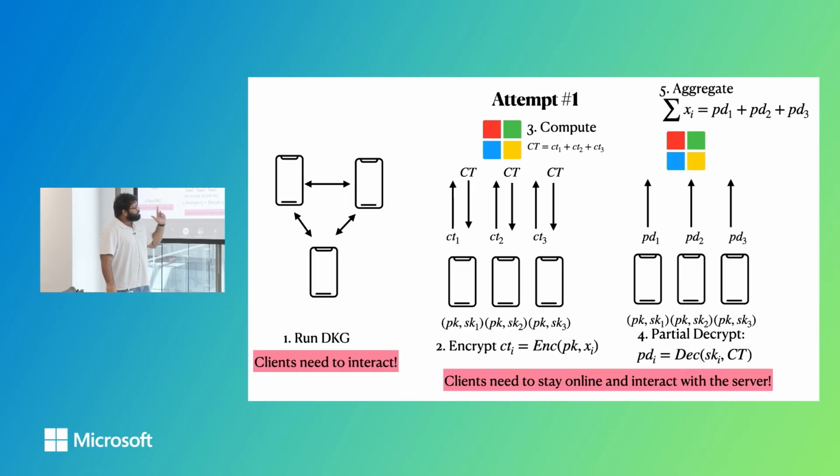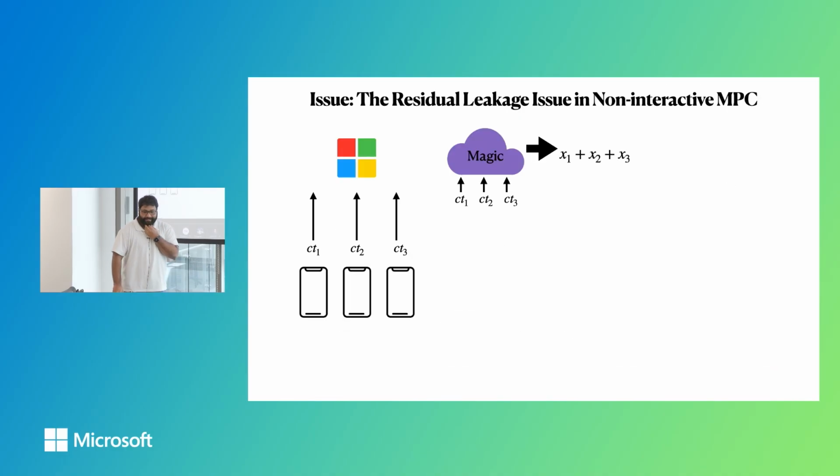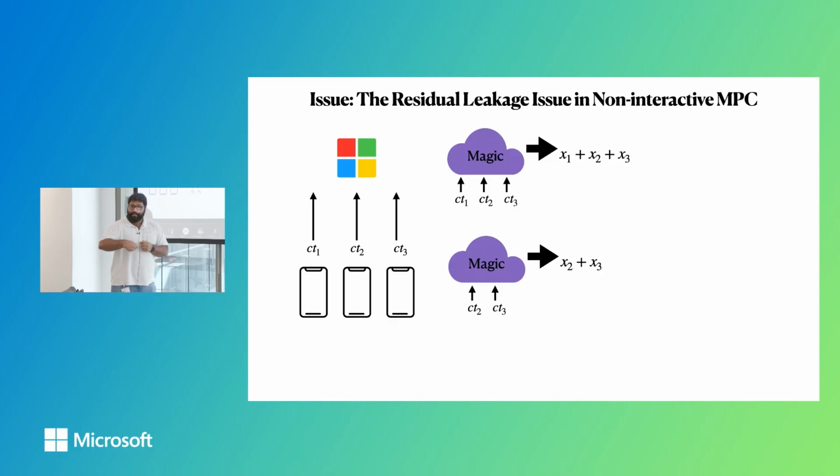There is yet another issue if we have a one-shot protocol, and this is typical of the non-interactive MPC world. So assume that we have some magic function. Suppose the clients in one shot speak to the server, and we have some function which lets the server take the ciphertext and decrypt it and compute the output. Now the issue is that the server can run this as many times as it wants, right?